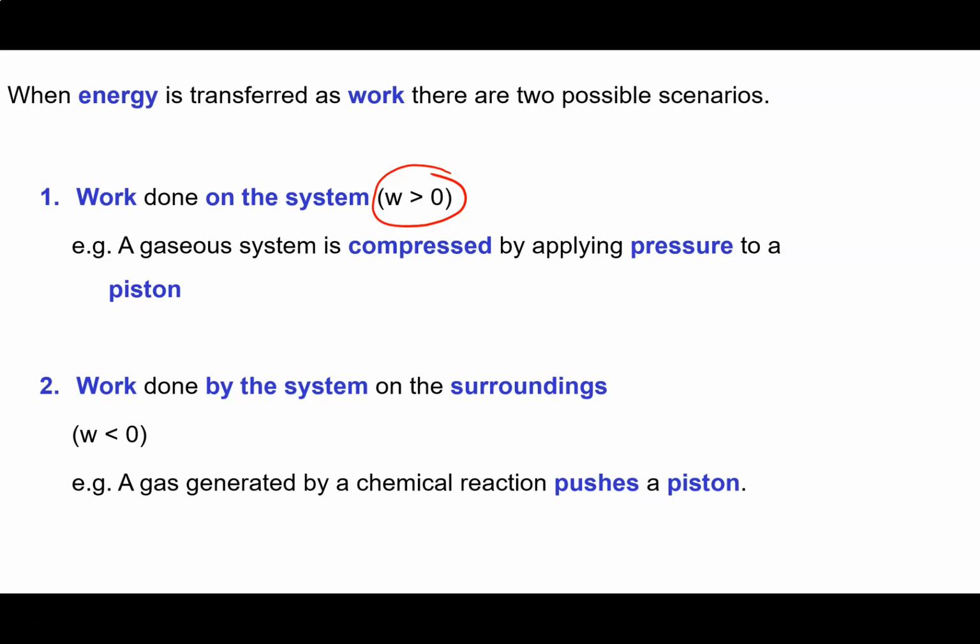Or we could have our system actually doing work, right? So the system is pushing on the surroundings in some way, and the system is losing energy and the surroundings are gaining energy. A good example of that would be when a chemical reaction could push back a piston, like the piston in the engine of your car.